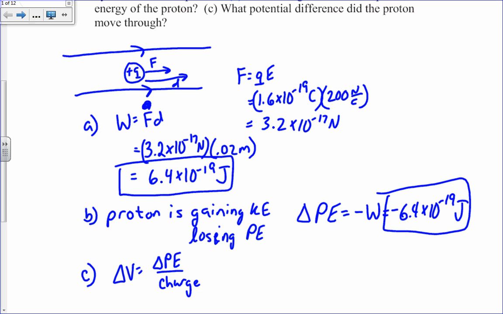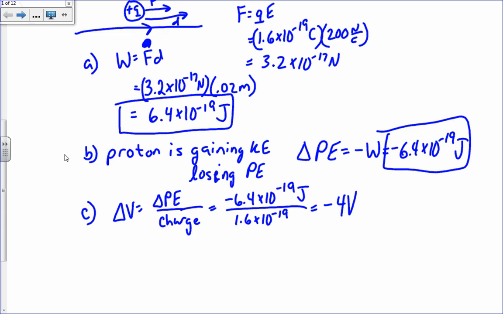Potential is just a measure of energy per unit charge. And so that's going to be negative 6.4 times 10 to the minus 19 joules divided by the charge, which is 1.6 times 10 to the minus 19. So that's 4 volts, negative 4 volts. So it moves through a potential difference of negative 4 volts.